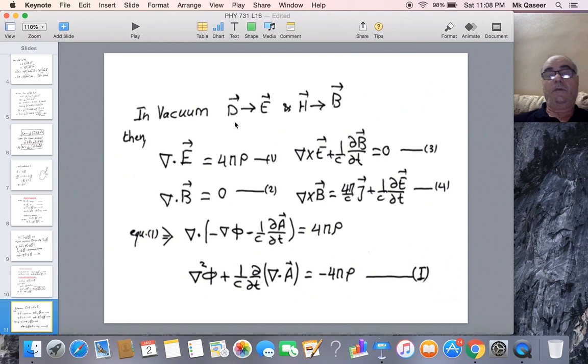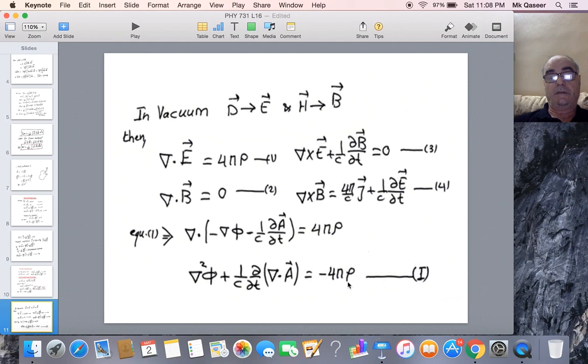In vacuum, we replace D by E and H by B. So the four equations reduce to this form. Now, from equation 1, we put instead of E, minus the gradient phi minus 1 over c ∂A/∂t.